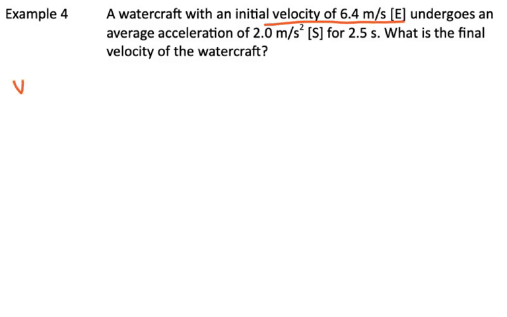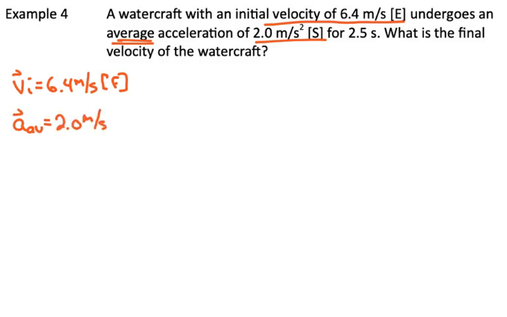We can define that as VI. It undergoes an average acceleration, keyword here average, of 2.0 meters per second squared south, for 2.5 seconds. That would be delta t. What is the final velocity of the watercraft? So what is VF?